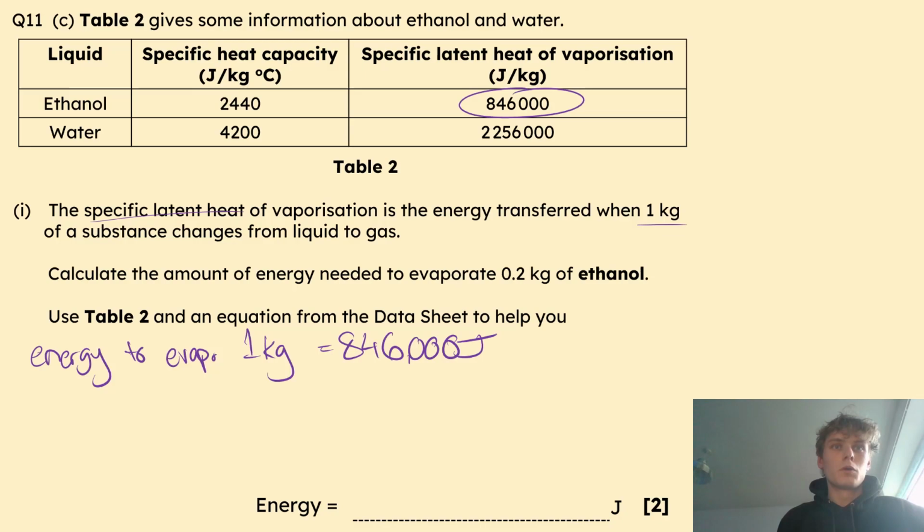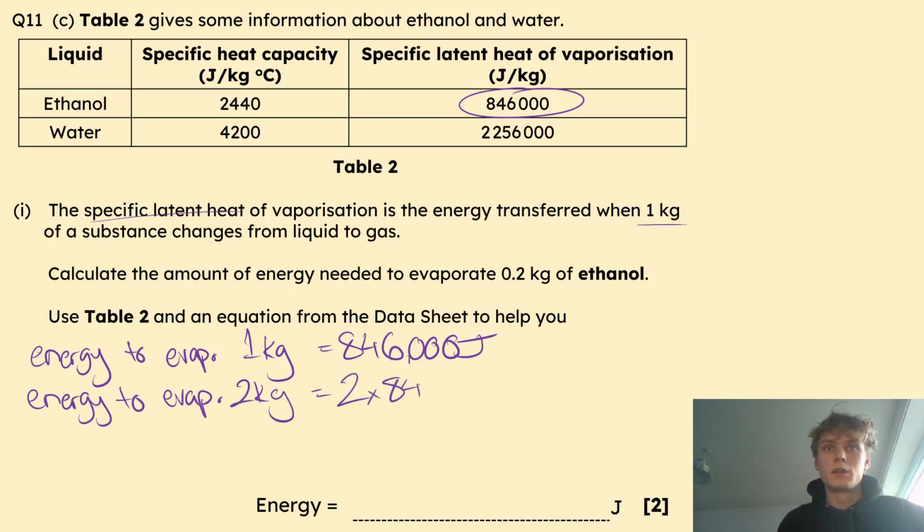Now, that doesn't help us answer the question directly, but if you think about it, maybe the energy to evaporate 2 kg, well, you need twice as much energy, so that's 2 times 846,000. It would give you 1,692,000 joules.